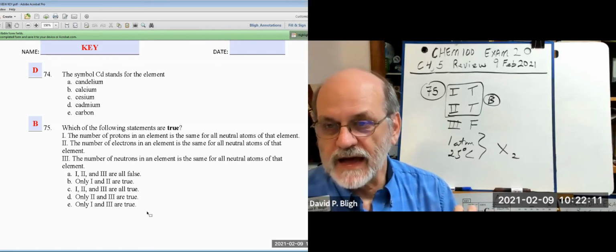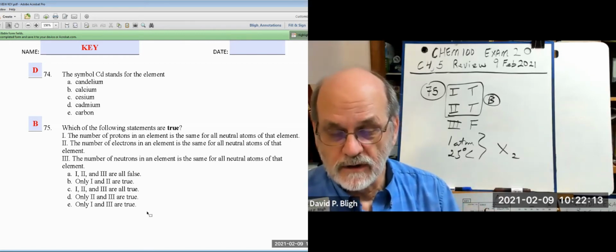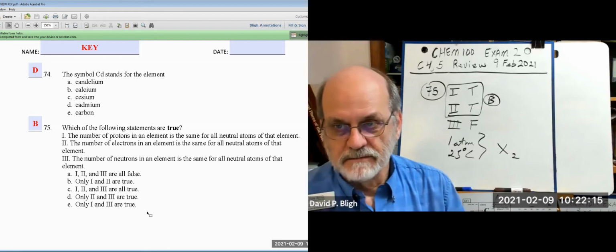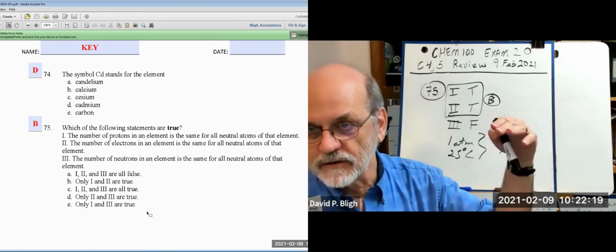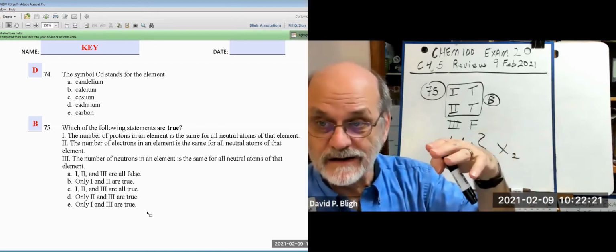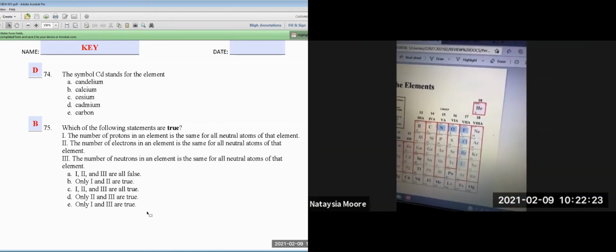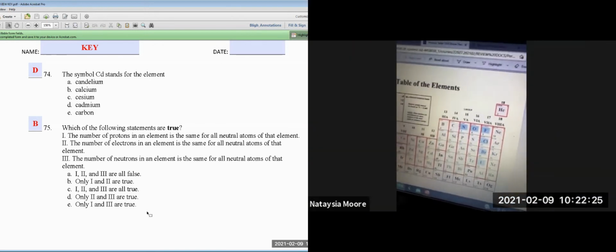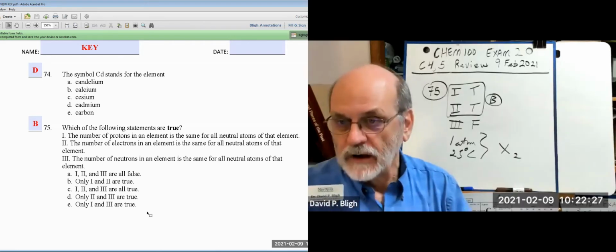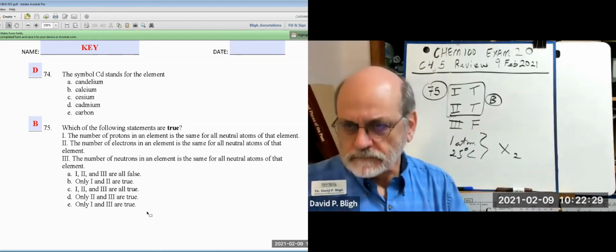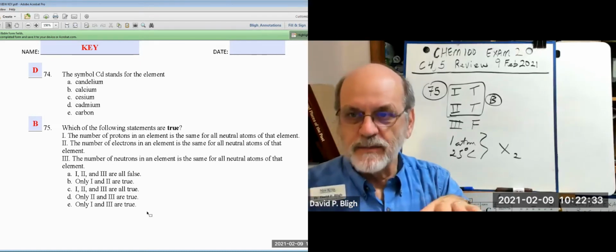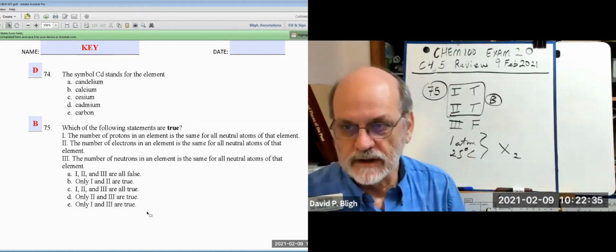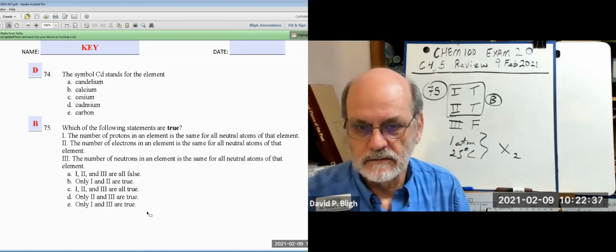The ones that have the Roman numerals are the old system. The ones that have just numbers across the top, from left to right, 1 through 18, that's the new system. Okay. We'll talk about that a little more when we dig into the periodic table and its structure a little bit later. Okay.